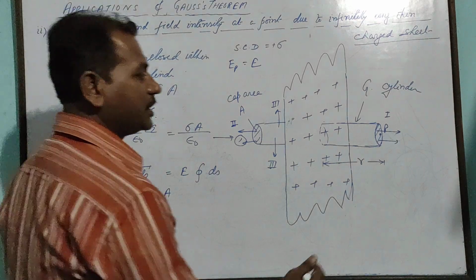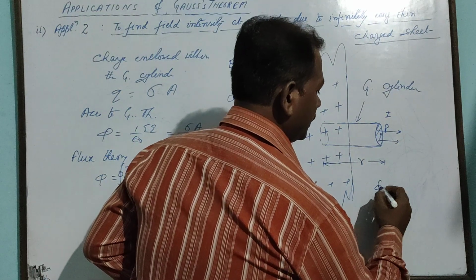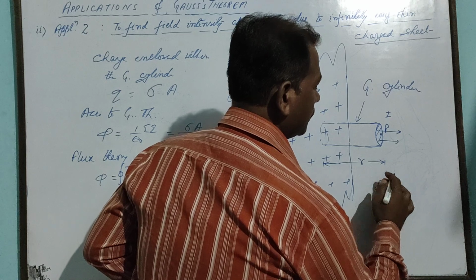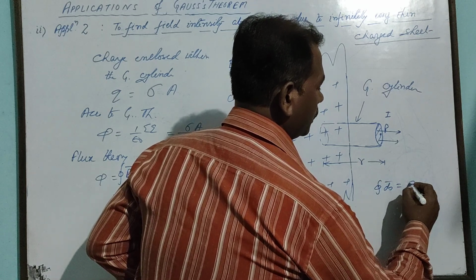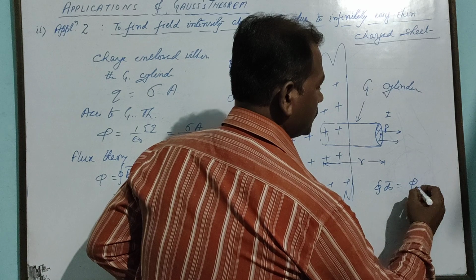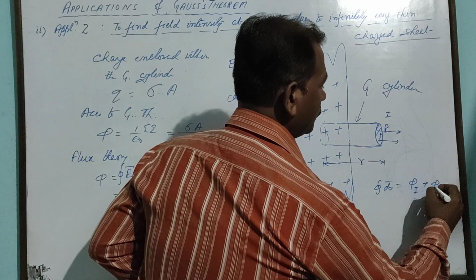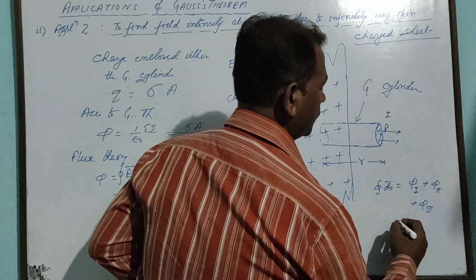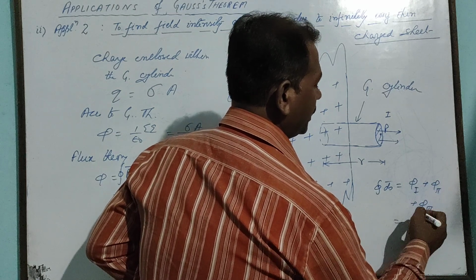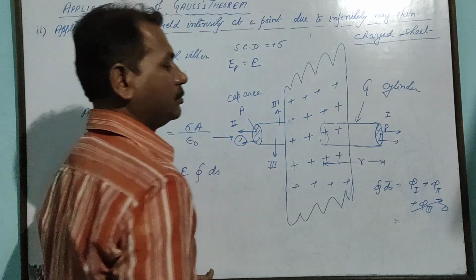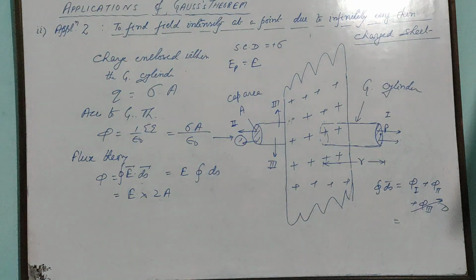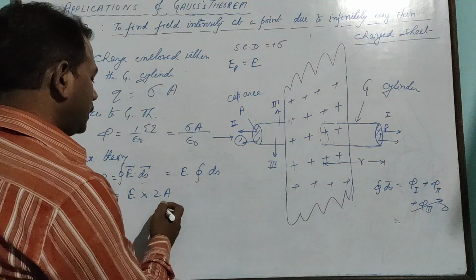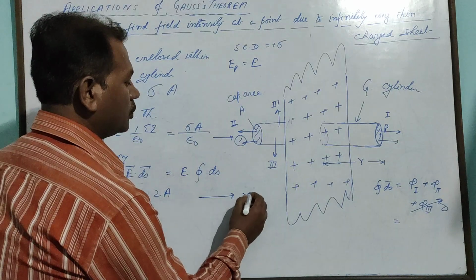You can understand in this way also that to integrate ds, we can go for surface flux through the first zone, flux through the second zone, and flux through the third zone. This will come, and this will become 0 because they are not normal. That's why in that case also you will get the same output.